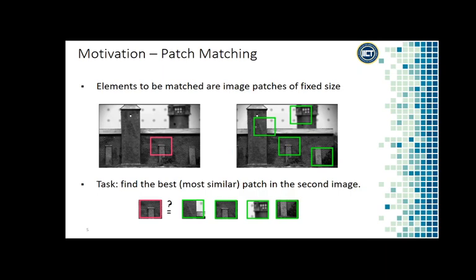If you compare, you will see that this one here will be selected as the most similar patch, and that's our target when we are making features in moving frames.